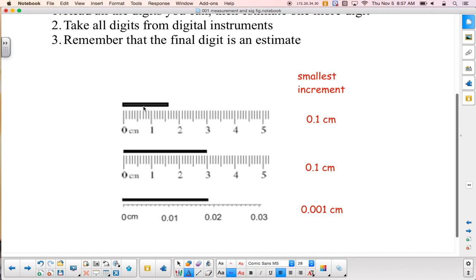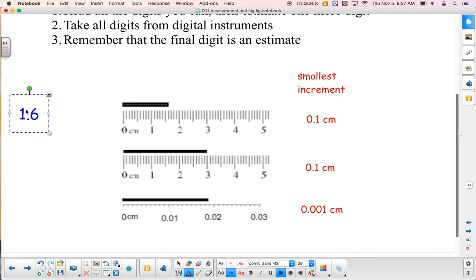So if I look at this first little stick here, in order to take a proper measurement, I'm going to start by reading all the digits that I know for certain. In this case, I know that the stick is at least 1, but not yet 2 centimeters. Now if I count the little tick marks, I notice that I am past the 6th one, but not yet to the 7th one.